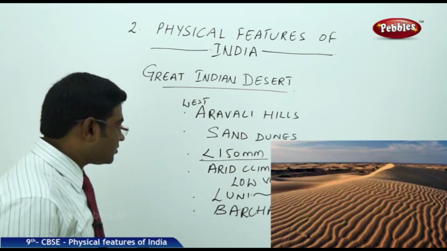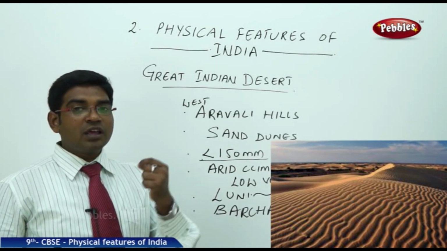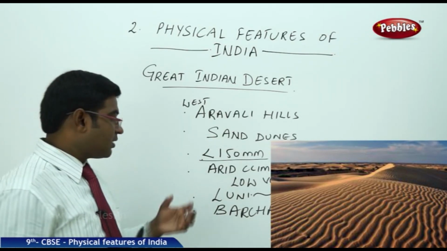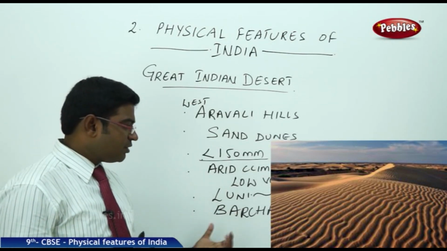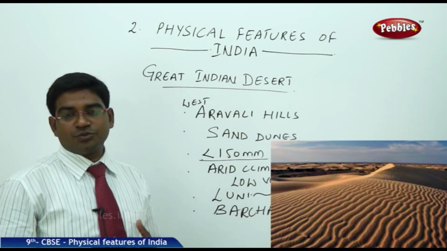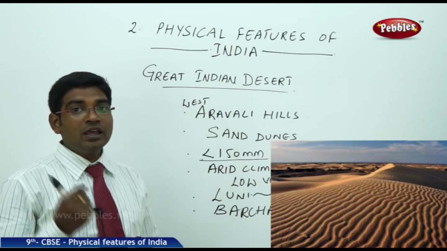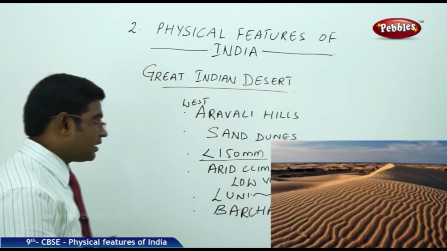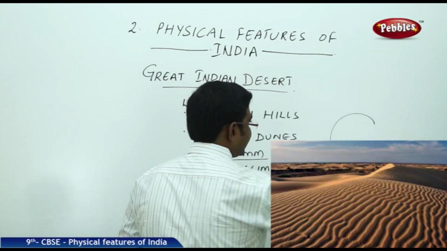And here we also find a river flowing through the desert, that is the river Luni. The only river which flows through this region is the river Luni, and the special feature here is we find crescent shaped sand dunes. The crescent shaped sand dunes are given a special name called Barkans. These Barkans actually form like a crescent when they form the sand hills.